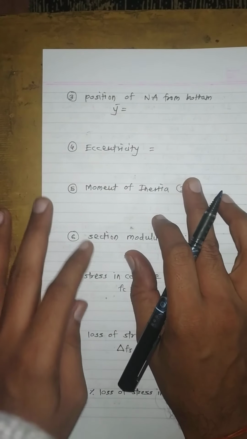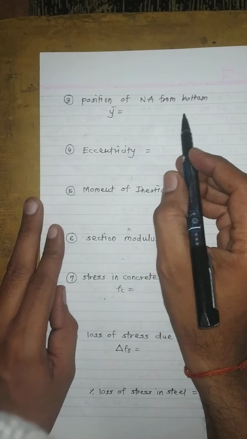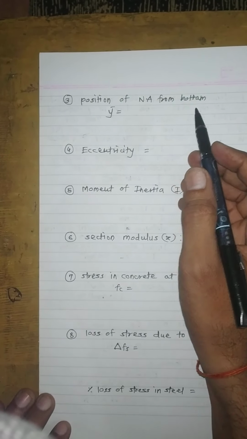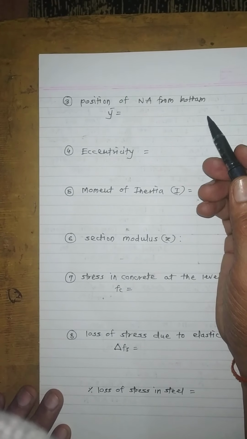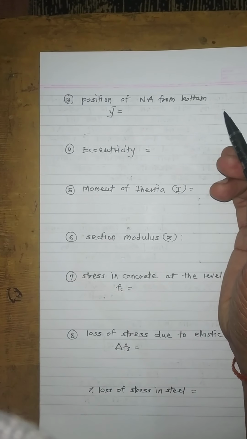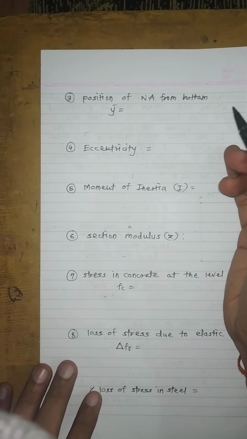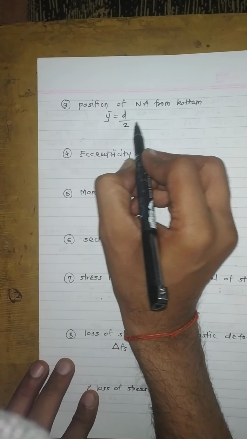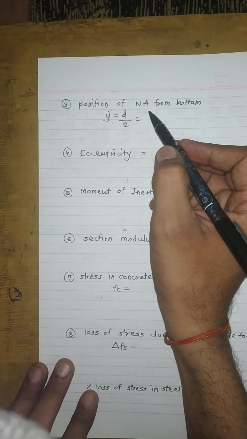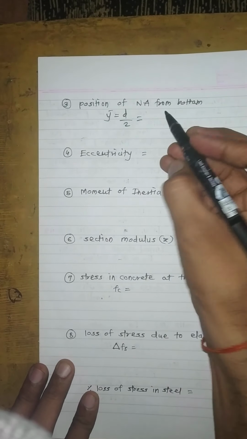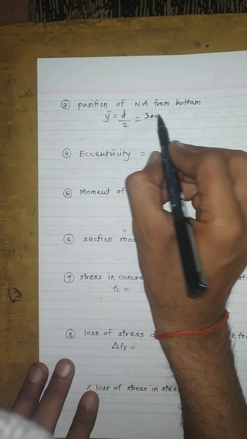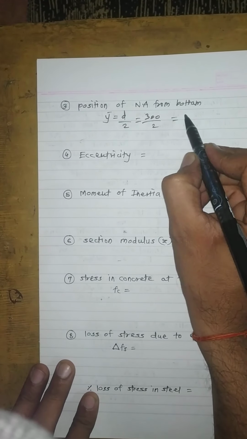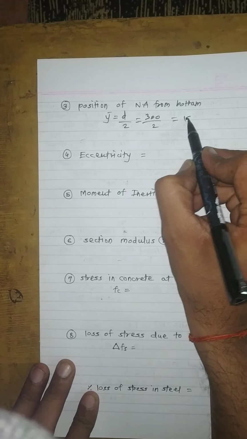Then step number 3 is to find the position of the neutral axis from the bottom. Here the section is rectangular, so for a rectangular section, the position of the neutral axis is total depth divided by 2. So y bar equal to D divided by 2. D is given in the problem, which is 300, so 300 divided by 2. The position of the neutral axis from the bottom equals 150 mm.